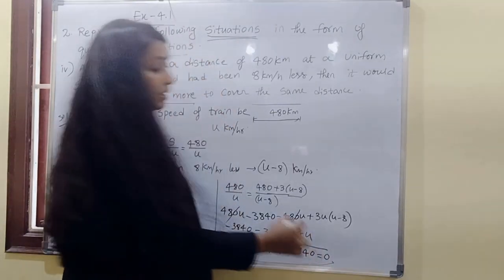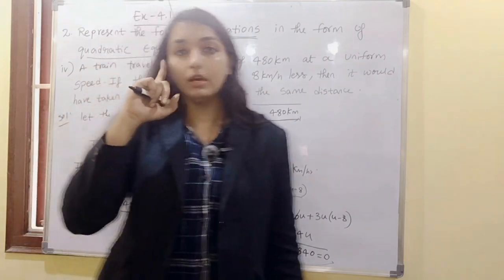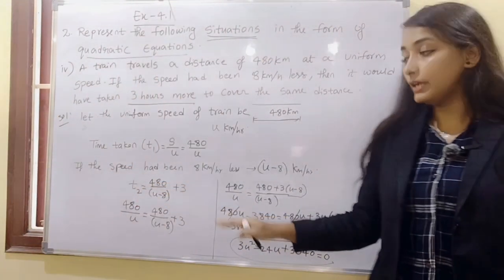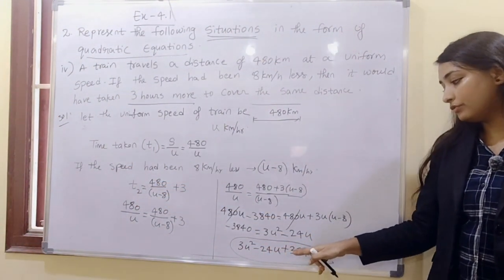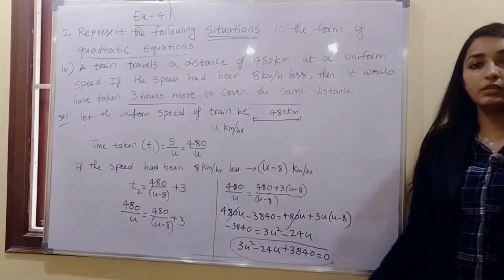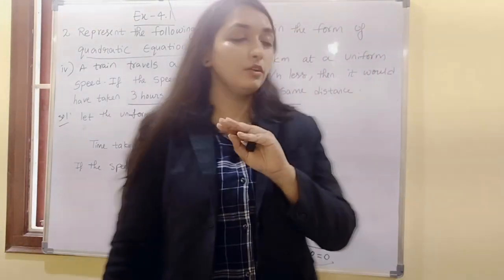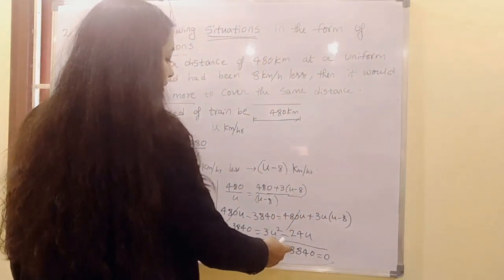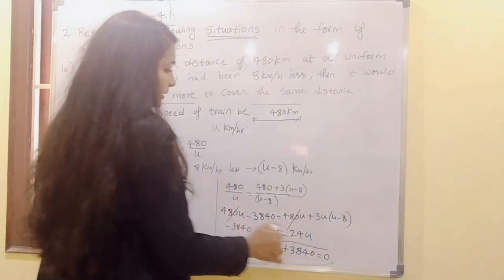This is in the form of a quadratic equation: 3u square minus 24u plus 3840 is equal to 0. You can also take 3 common, since 3840 is divisible by 3.